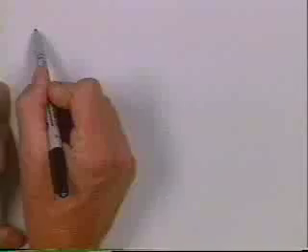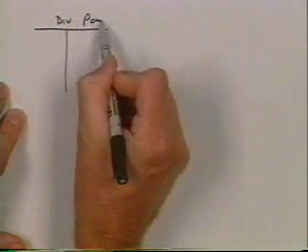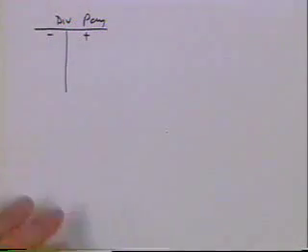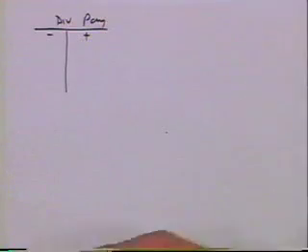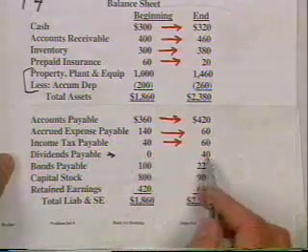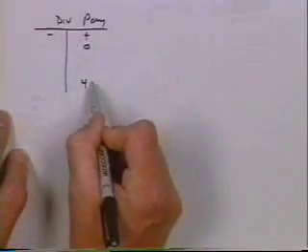So dividends, create a T account, dividends payable. It's a liability account. Take the beginning and ending balances from the balance sheet. So I'm going back to the balance sheet, dividends payable. 0 beginning balance, $40 ending balance. So we have a 0 beginning balance, a $40 ending balance.